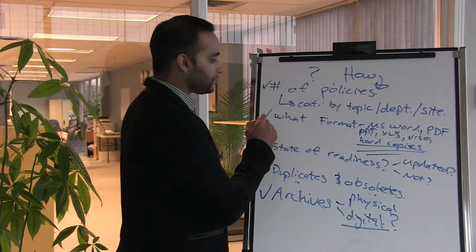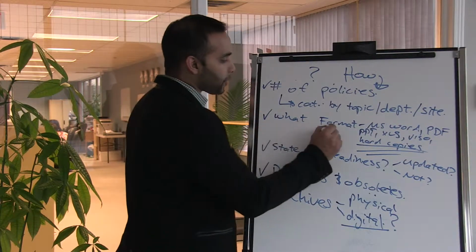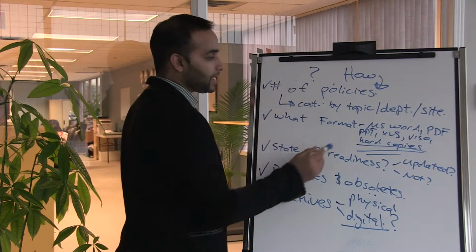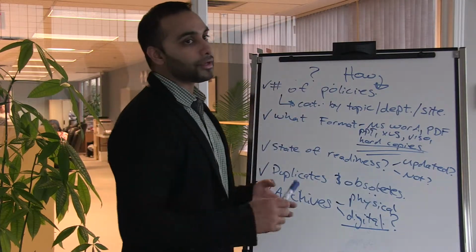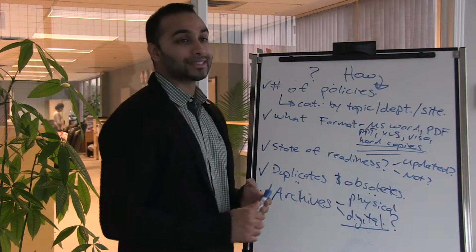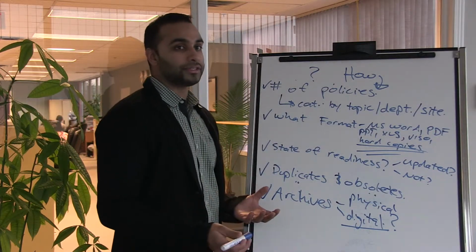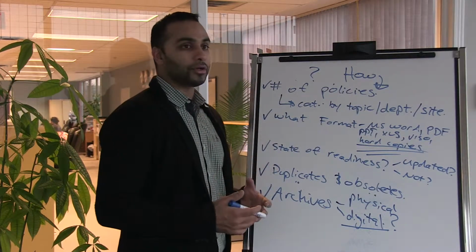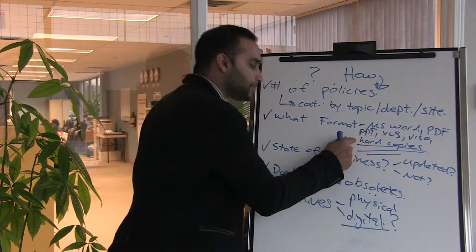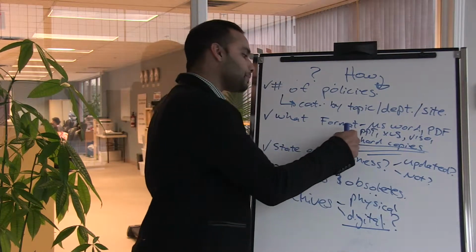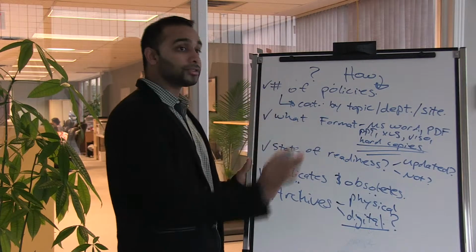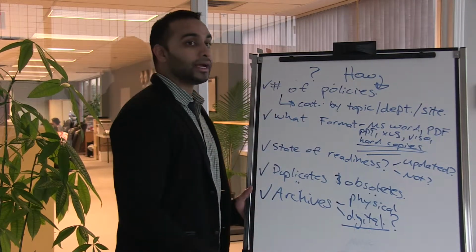The next thing you want to do is figure out what format these policies are in. Are they in Microsoft Word? Are they in PDF? Are they in PowerPoint, Excel? Do you have org charts in Visio? Do you have the good old hard copies? And please be honest, I know you have the hard copies, even if you say, nope, we are actually 100% electronic.